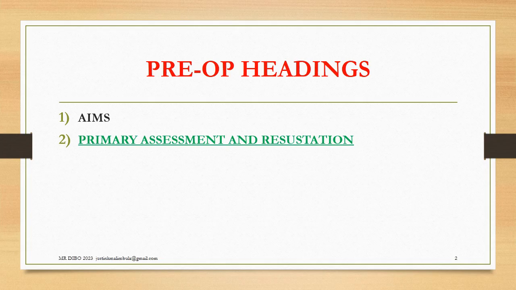The first thing you are going to consider under primary assessment and resuscitation, it's maintenance of airway. Now, under maintenance of airway, here you are going to tell your examiner that I will quickly assess for signs of airway obstructions.